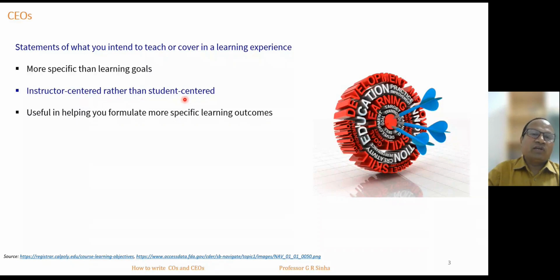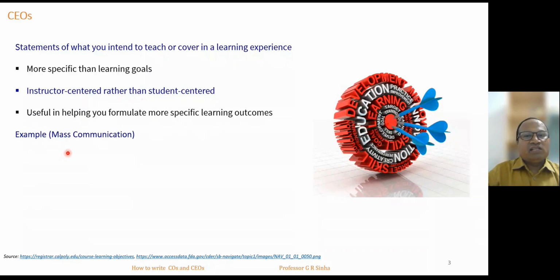That is course outcome, we'll understand separately. Usefulness: useful in helping you formulate more specific learning outcomes. So when you articulate objectives, then with the help of objectives, we can clearly understand how to formulate the learning outcomes as well. So say, for example, a course, mass communication.